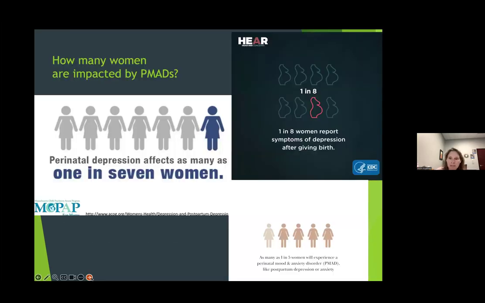So you can see that the number for what we say about perinatal depression or perinatal mood and anxiety disorders can vary widely based on the source. The one that I see, I think probably most commonly these days, is the 1 in 5. And the PSI graphic has changed for the 1 in 5.